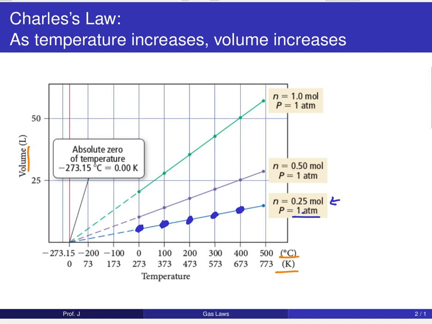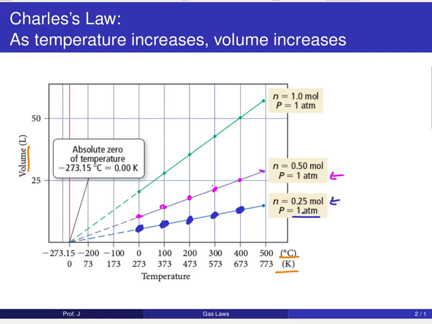For example, up here, looking at this purple line. So the purple line shows values that are again taken at 1 atmosphere pressure, but now the number of moles has been doubled. Okay, and so the key thing to notice here, of course, since the number of moles have been doubled, the gas is taking up more space, so the volumes are higher for the second line.